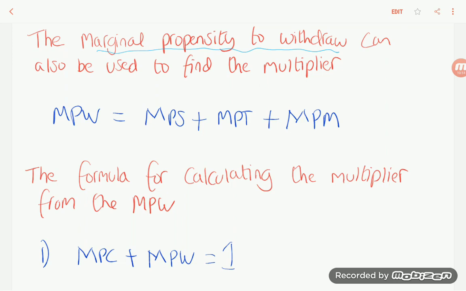MPW can be broken down in the following way. MPW equals MPS, marginal propensity to save, plus marginal propensity to tax, plus marginal propensity to import.